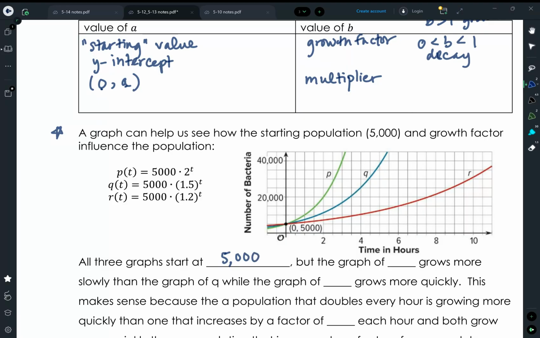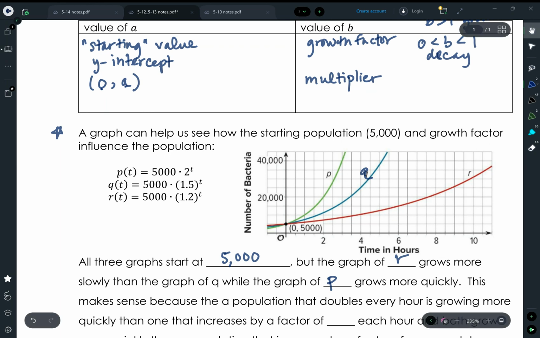The graph of R grows more slowly than the graph of Q, while the graph of P grows more quickly. Here's Q in the middle. So which one's growing more slowly? That would be R. And which one's growing more quickly? That would be P. I can tell that P is going more quickly because it's going up faster, right?